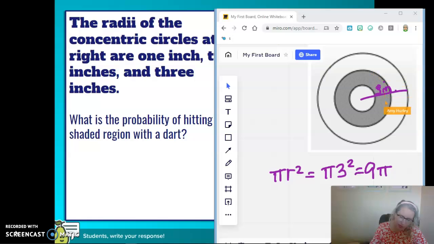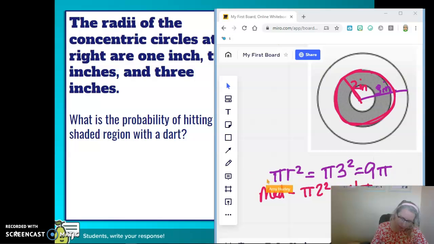It's not the shaded area, it's the shaded area plus some in the middle. We know the radius, it tells us. The radius is 2 inches, which means for the medium circle, it's pi times 2 squared, which is 4 pi.